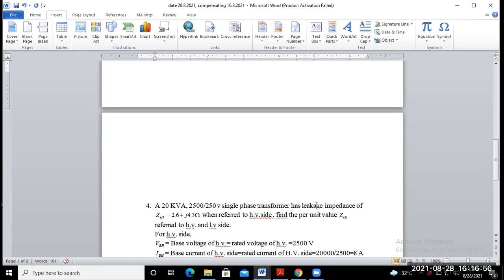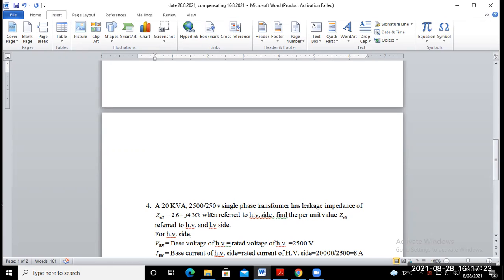Okay. So the base volt ampere rating is the same as the power rating of the transformer on both sides, that means LV side or HV side. Only the base voltage values differ between the high voltage and low voltage sides. That means on the high voltage side you have to consider 2500 volt and on the low voltage side you will consider 250 volt.